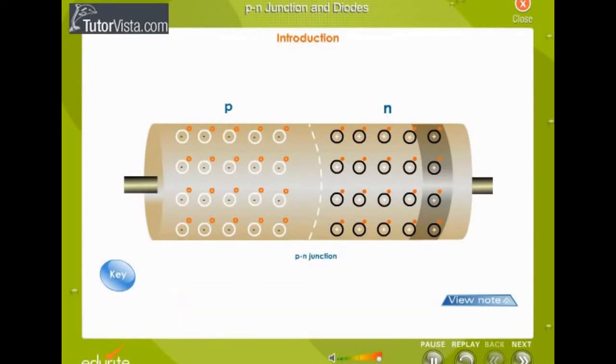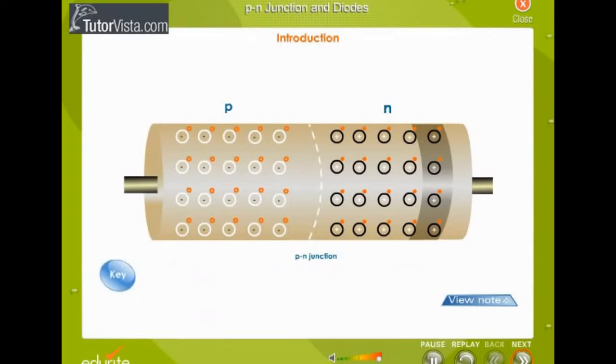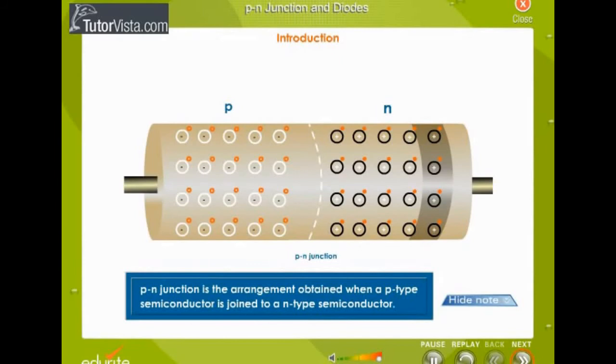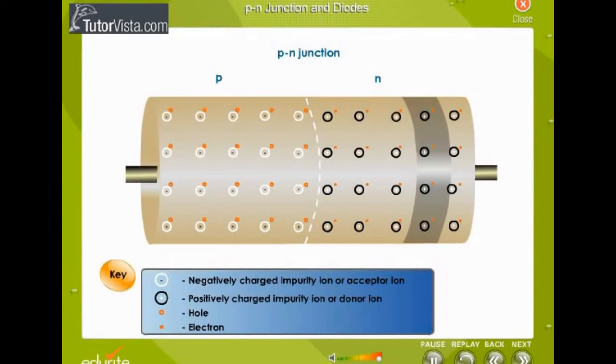Many electronic devices use p-n junctions. p-n junction. As soon as a p-n junction is formed, electrons from n-type material and holes from p-type material diffuse into p-type and n-type material respectively.